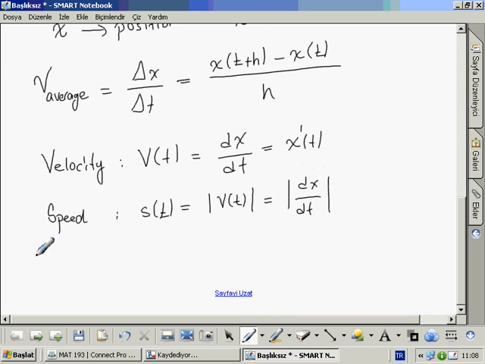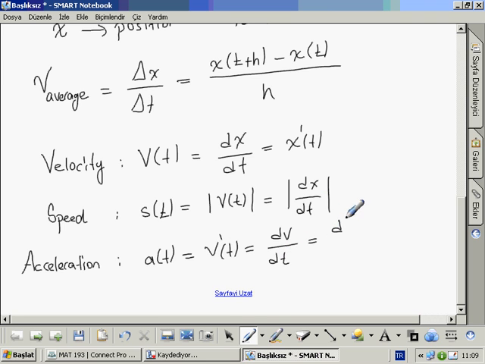And the acceleration a of t equals v prime of t, ∂v over ∂t, and it can also be written ∂ squared x over ∂t squared.